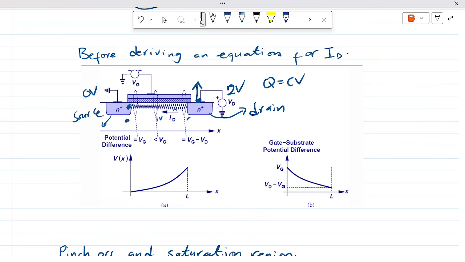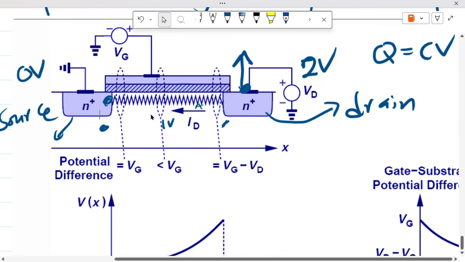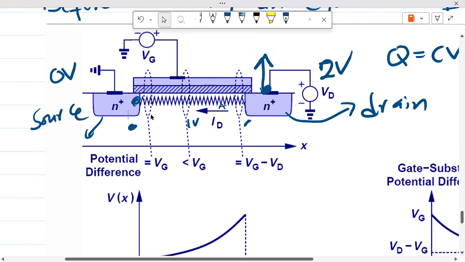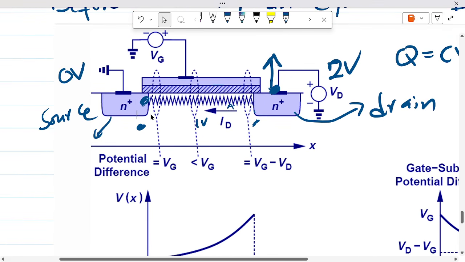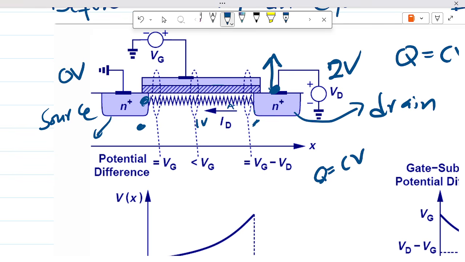Okay, this leads to something very interesting. How does that affect the charges? We know charges are related by Q is equal to CV, where V is the potential difference across the two plates.